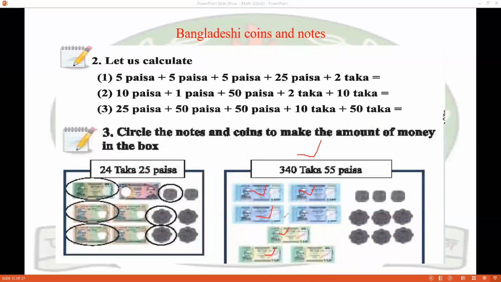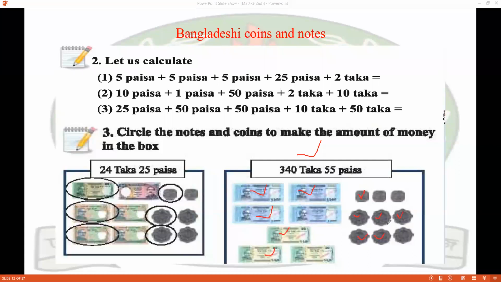So there is 340 taka, and we contribute 25 paisa from the given amount. So we take a different way. At first we take five 10 paisa, 1 2 3 4 5, so total 50 paisa, but we need 5 paisa more, so we take 5 paisa from here.